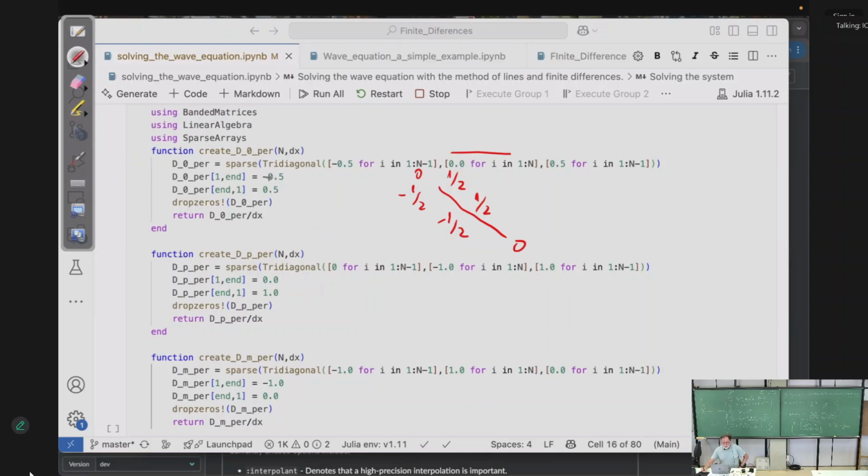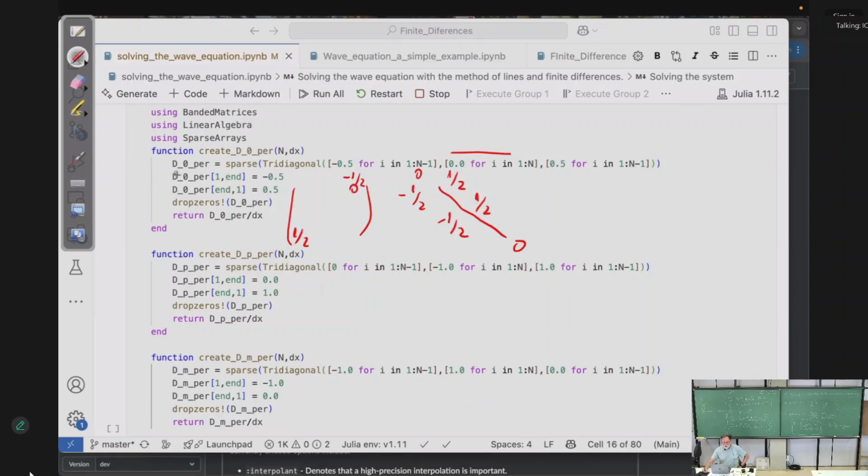Then at the end point, the one n is minus 1/2, and in the first one, so in this point here at the top of the matrix, is minus 1/2, and here at the beginning is 1/2, and then the rest is this matrix.